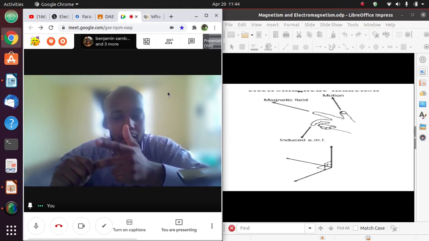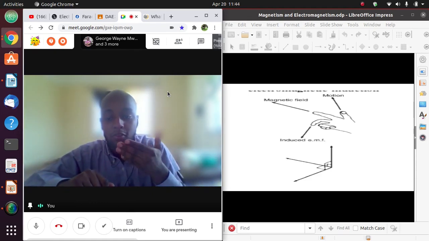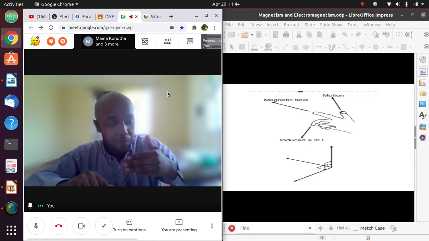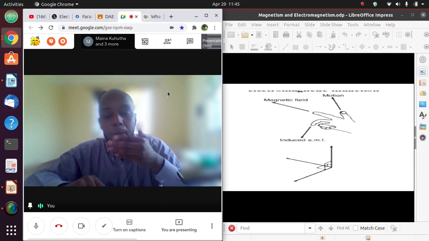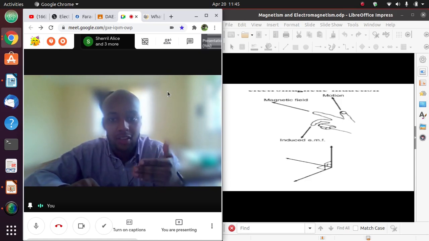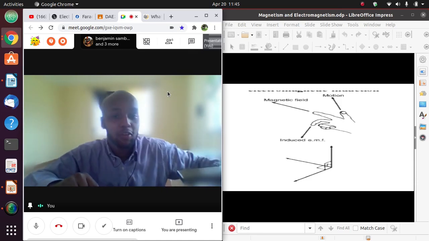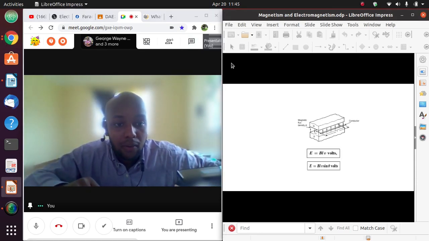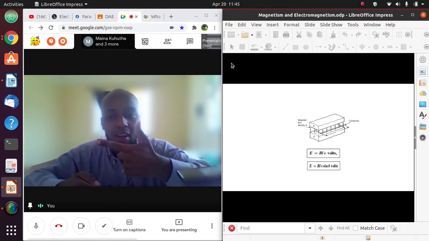Lenz's law, we have said, means that the current produced will oppose the induced voltage, or the flux; the current produced will be in the direction that will oppose the flux causing it, or the force causing it. If you're told to find the direction of the current, or the induced voltage, you can also use Fleming's right-hand rule.